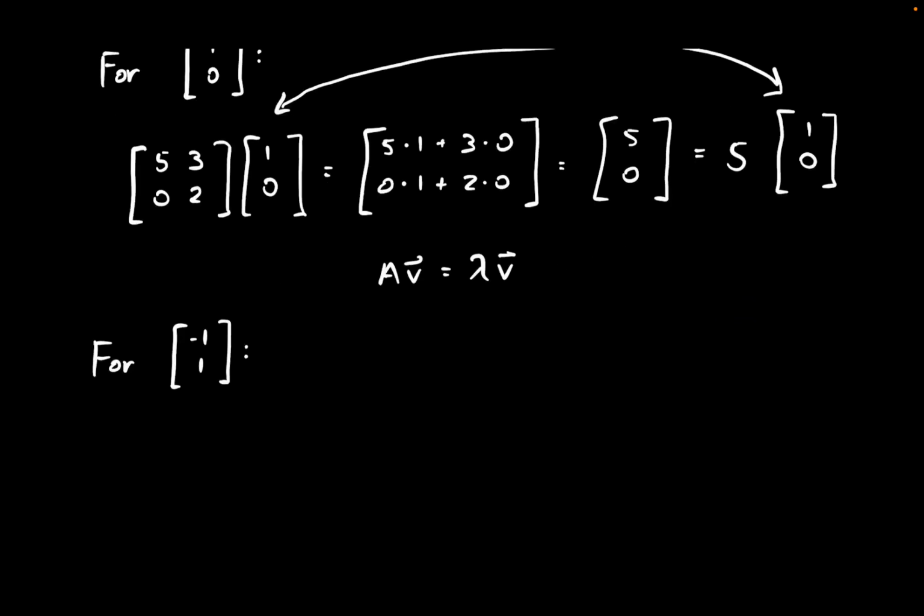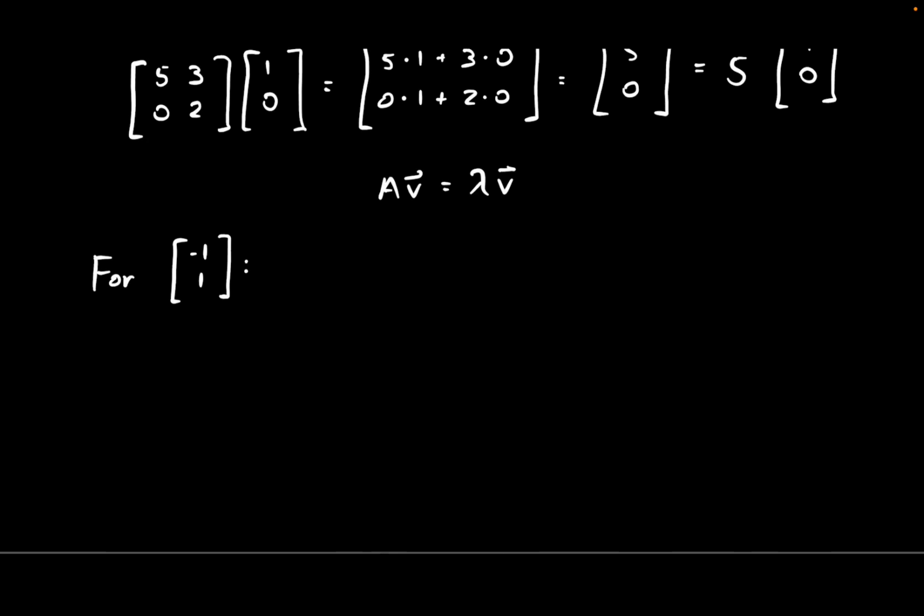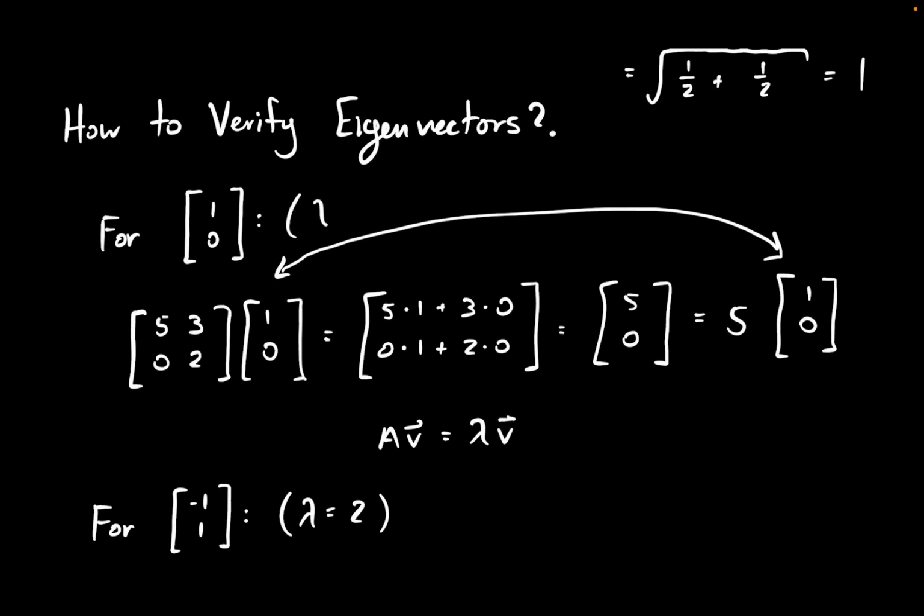So now we can check the second one. We associated that with lambda equal to 2. We said lambda is equal to 2 here, that's how we got that one, and here we said lambda is equal to 5, which makes sense as to why we got the 5 out.